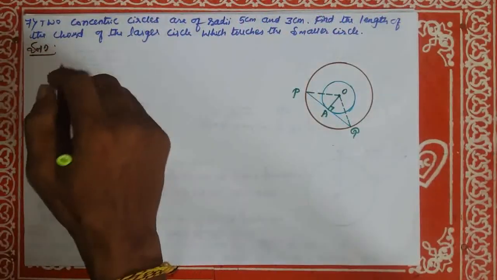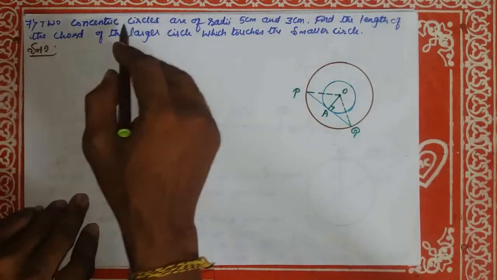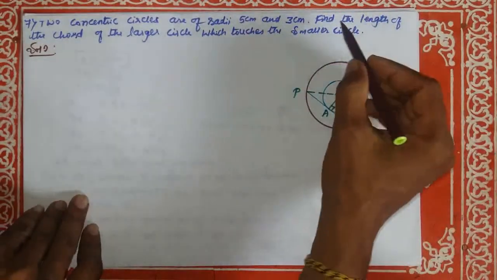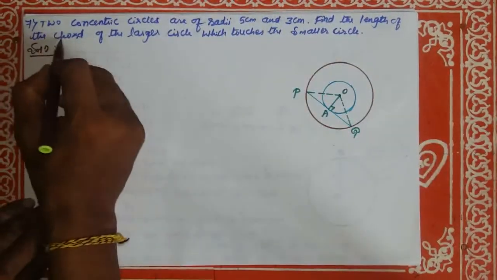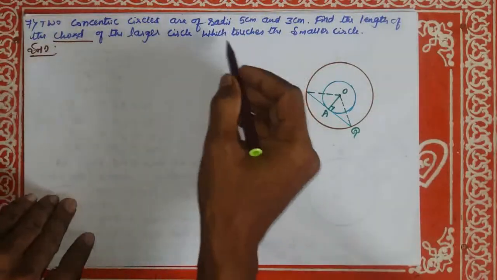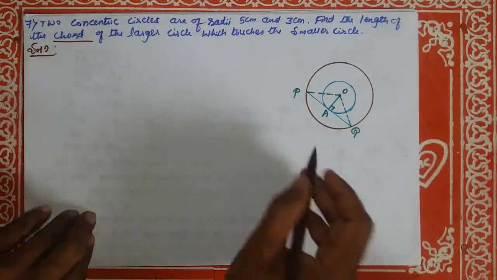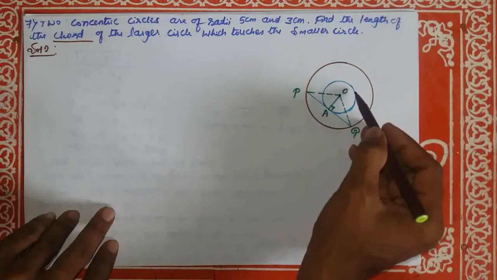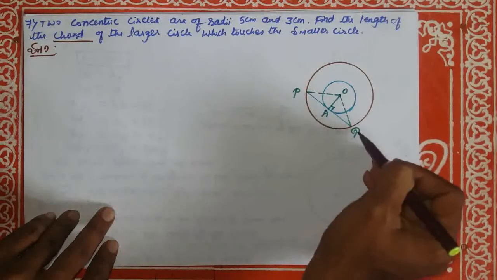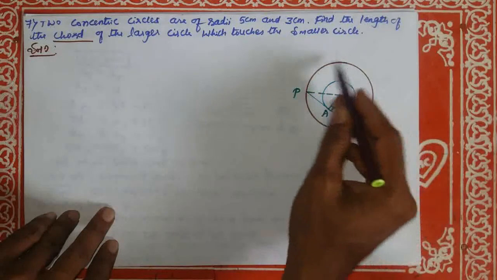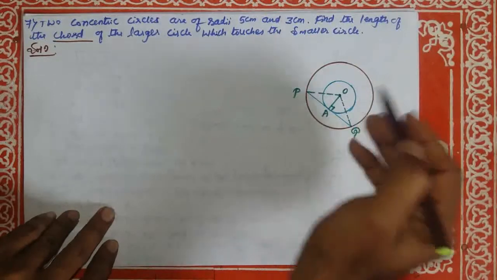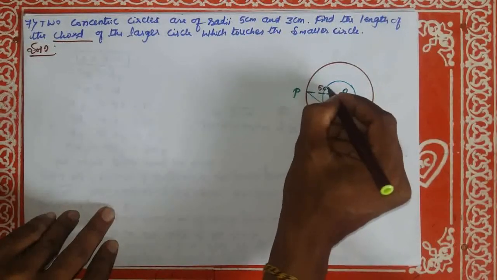Okay dear students, now let us discuss the 7th question. Two concentric circles are of radii 5 centimeters and 3 centimeters. Find the length of the chord of the larger circle which touches the smaller circle. OA is the radius of the smaller circle and OP and OQ are the radii of the larger circle, right? For the larger circle the radius is 5 centimeters as given.